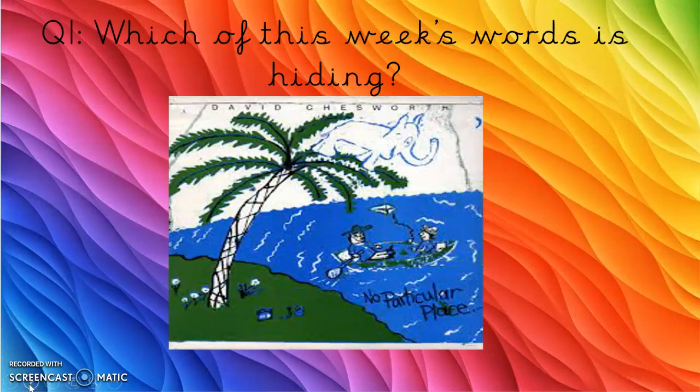No particular place. So our word is particular. Can you write it down? Particular. There it is. Part, ik, you, la. Did you get it right? Great job if you did.